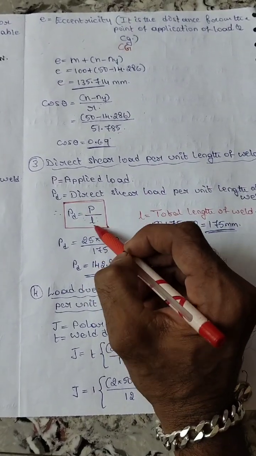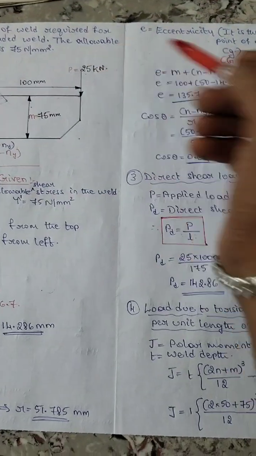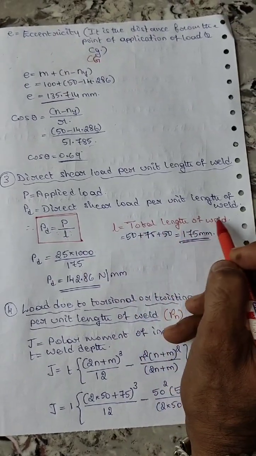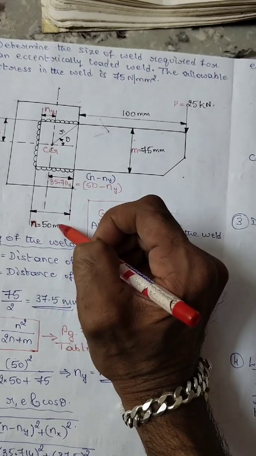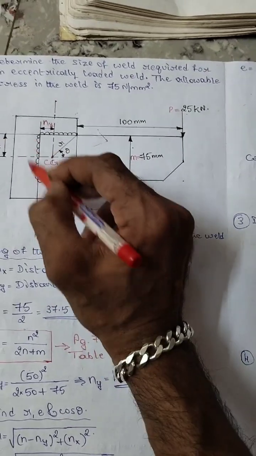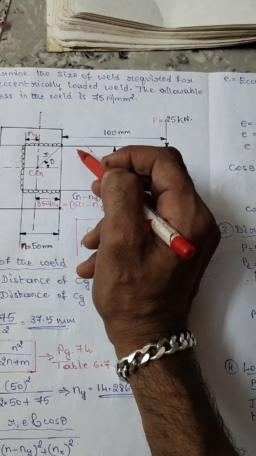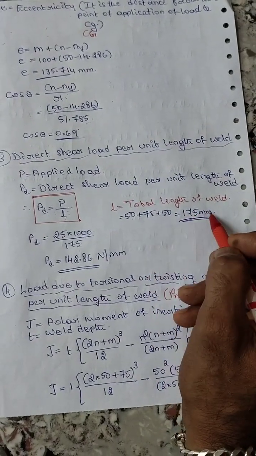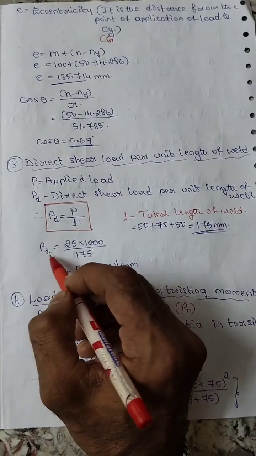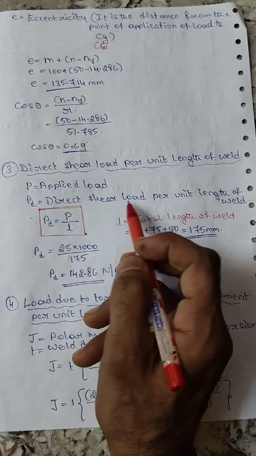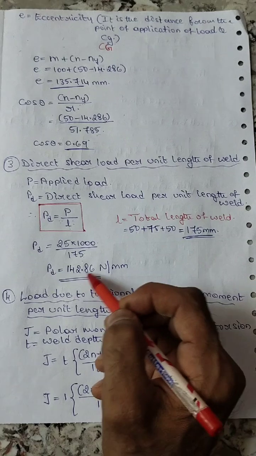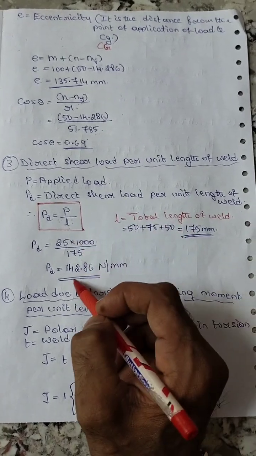So PD is equal to P by L, that is 25,000 divided by L. L is the total length of weld, that is 50 plus 75, this portion, and this 50. That is 50 plus 75 plus 50, which is 175 millimeters. Substitute the P and L values and you'll get the PD value.